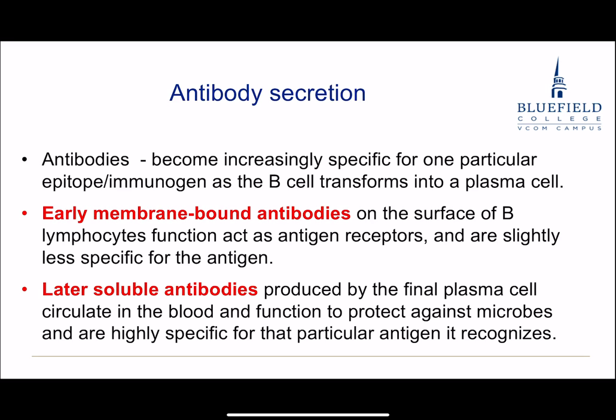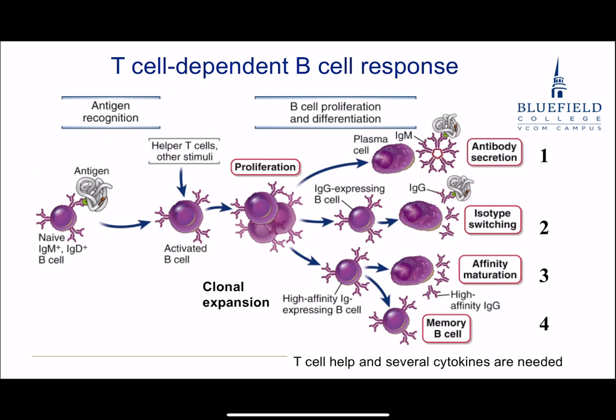Okay, summary. Most of what happens in this humoral immune response is dependent on T cells. So we talked about that progression where the antigen presenting cell finds an antigen, processes it, and gives it to the helper T cells.